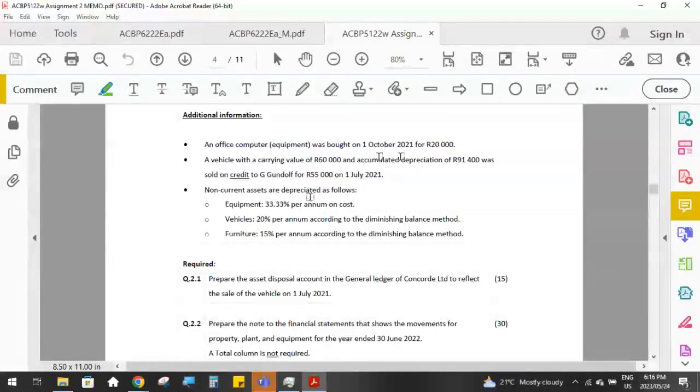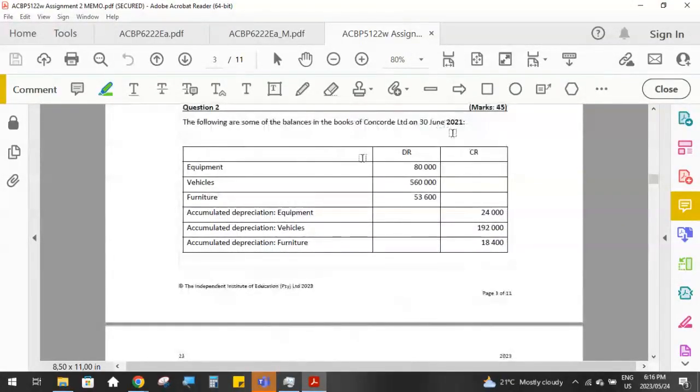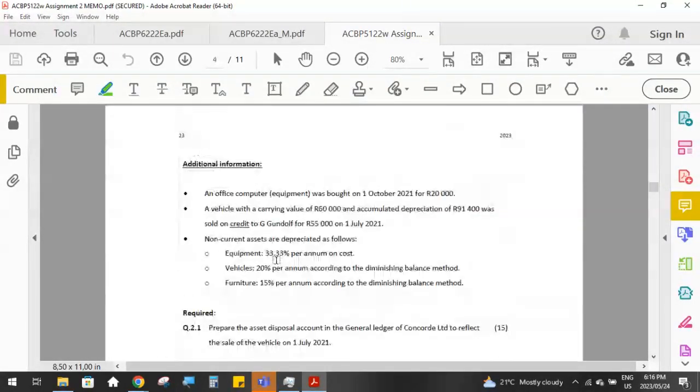So these transactions that they have given us are for transactions that happened during the year ending 30th of June 2022. So these balances are the opening balances for the year, 30th of June 2021. So on the first day of the financial year, these were the opening balances.